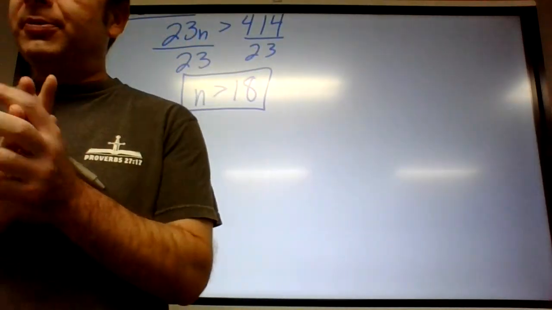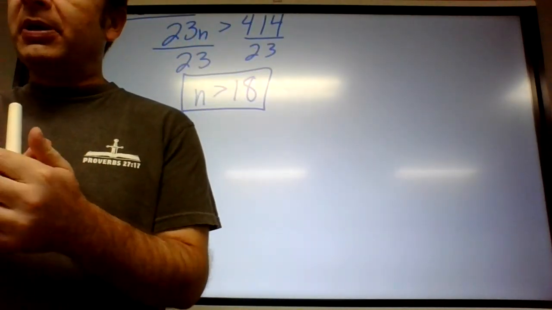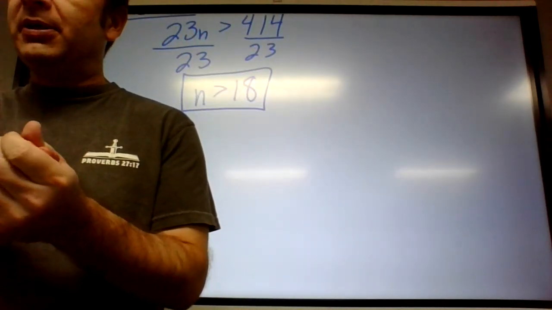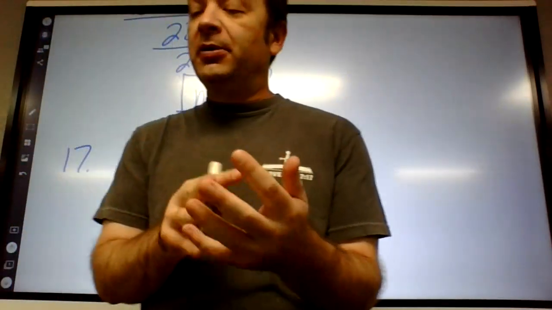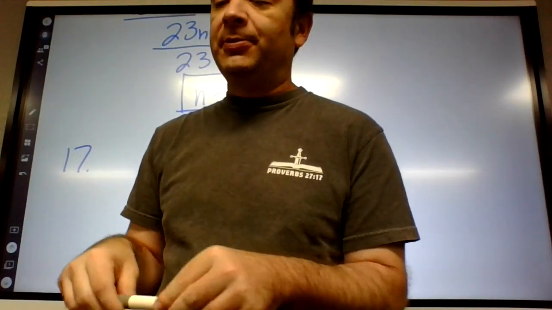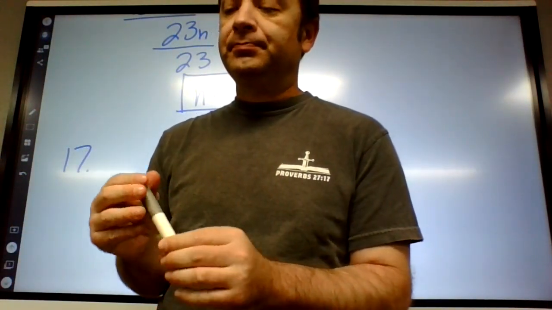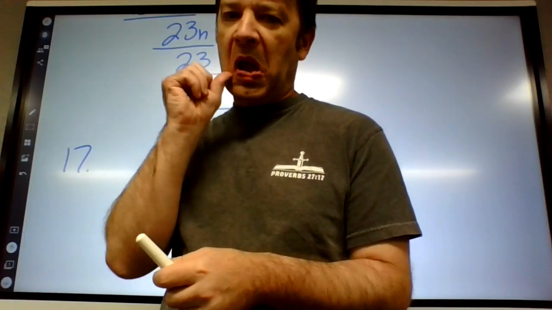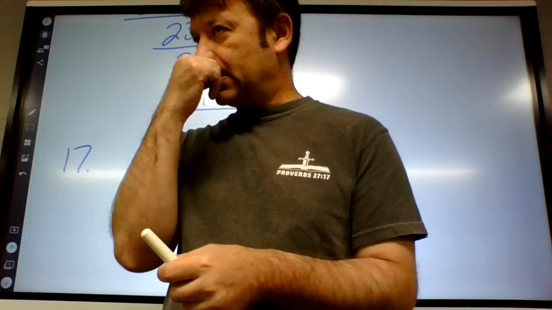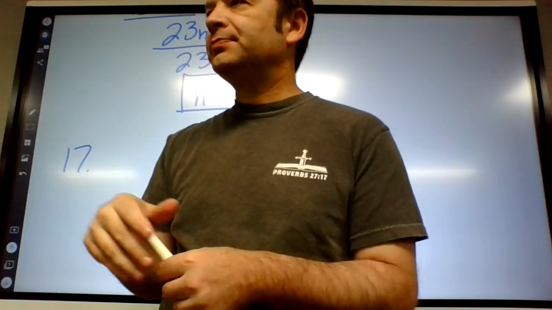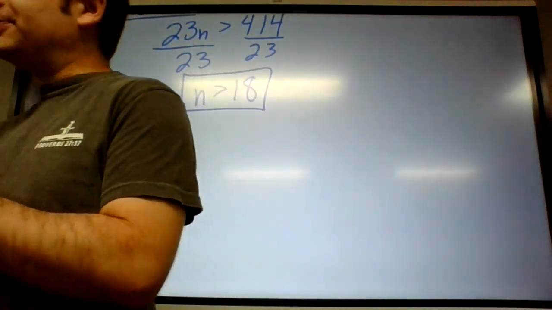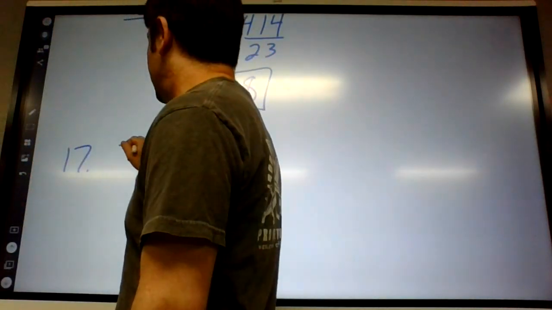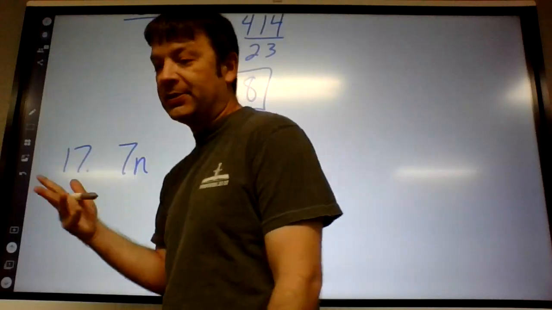Find all the numbers such that the product of 7 and the number is more than the sum of 7 and the number. So, Gracie, what did product mean? It means multiply. Yes. So the product of 7 and the number is 7 times n.